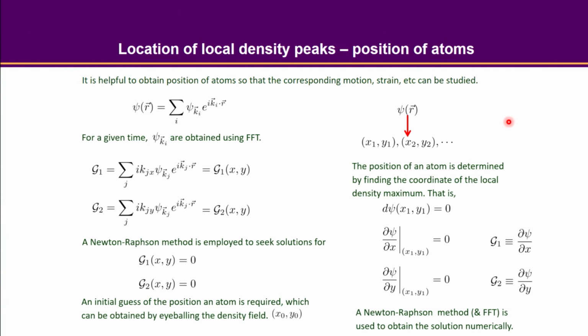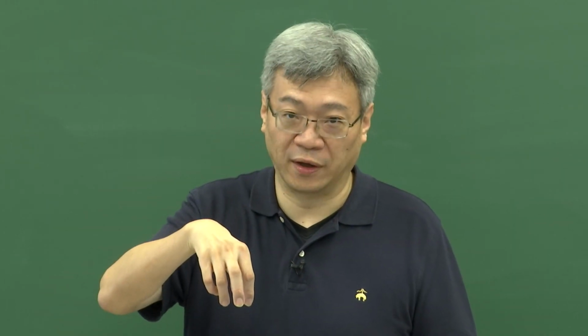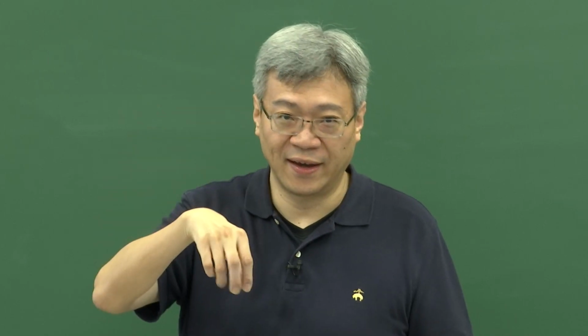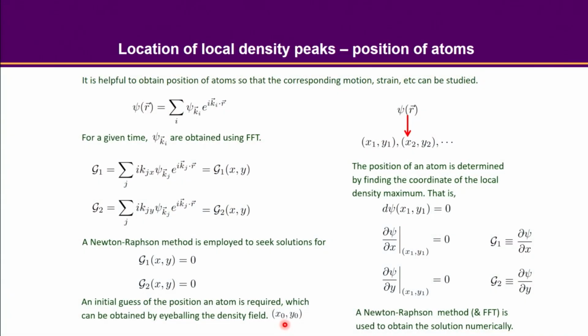You don't have to be really accurate about it. You can use a very rough scheme: on your square lattice, if the center grid point has a density bigger than its neighbors, then there's roughly a density maximum there.